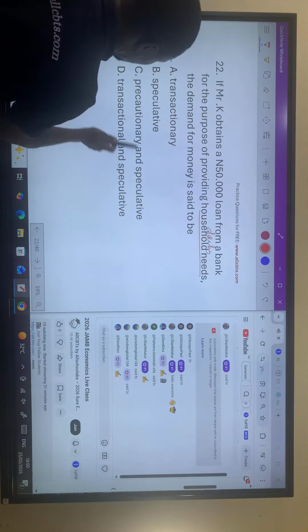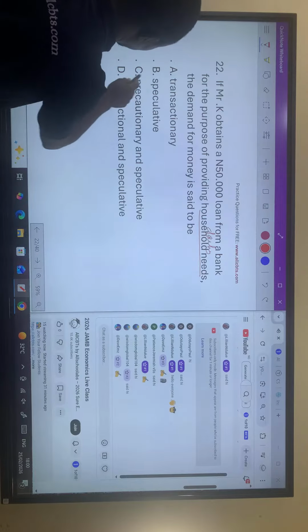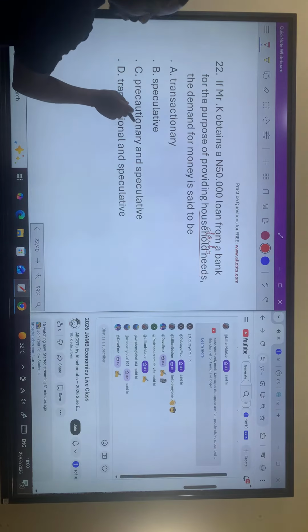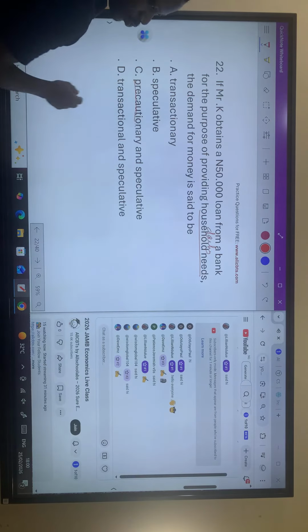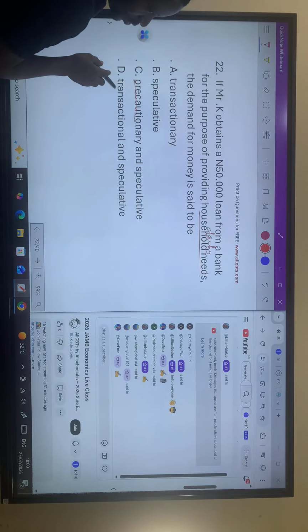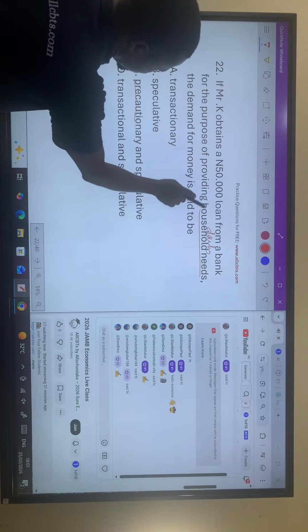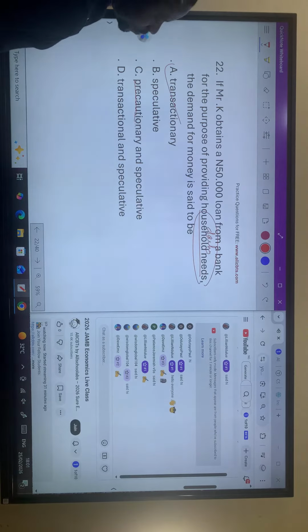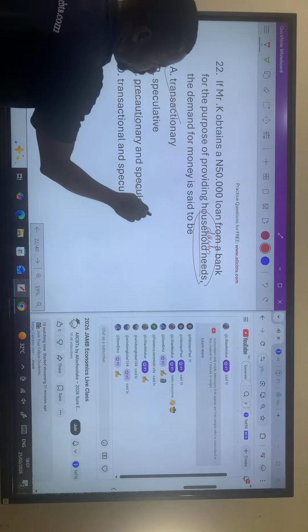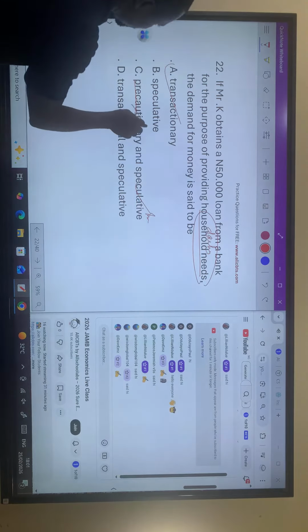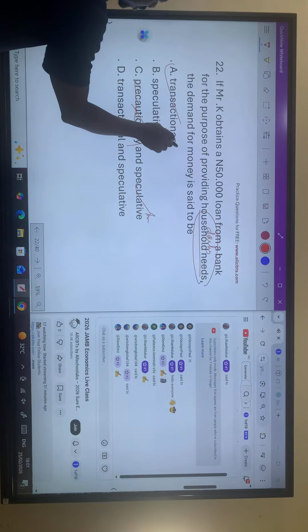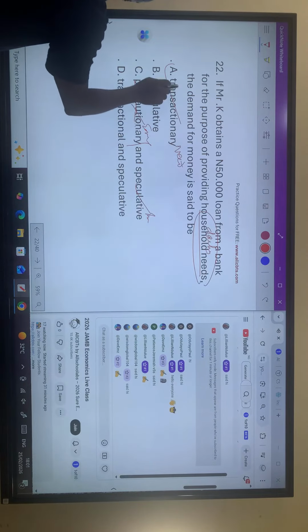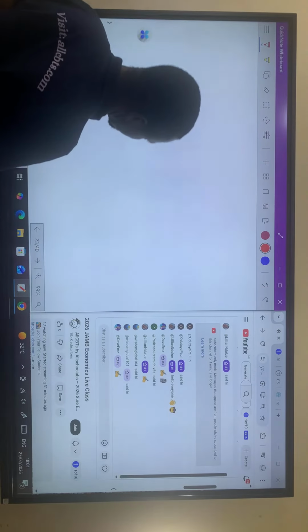Transactionary, speculative, precautionary. Okay, this is what I was looking for that time. That is the money you get for emergency, precautionary. But this money is meant for daily needs, so it is the transactionary motive. This is for special investments, this is for emergency, but this is for daily needs. So option A is the correct answer.